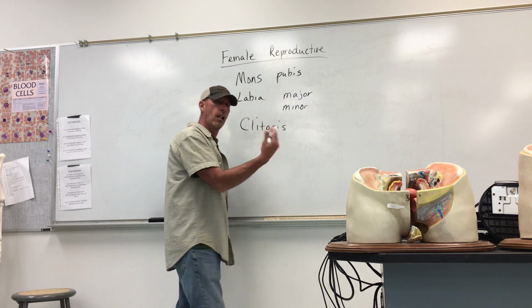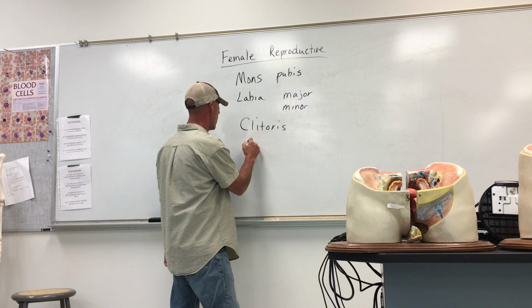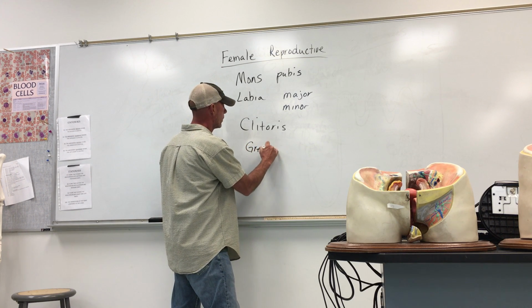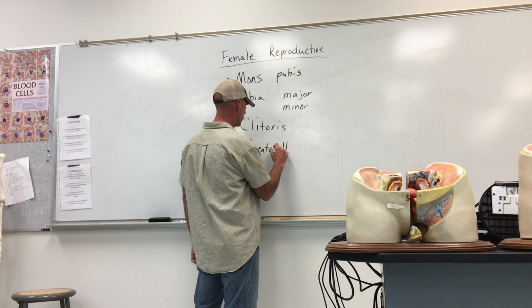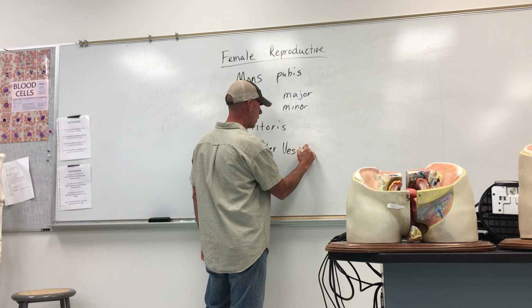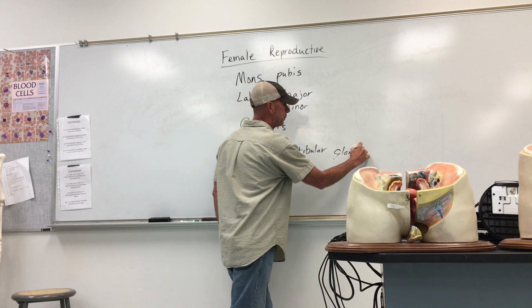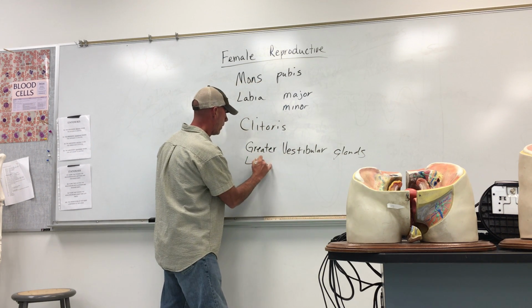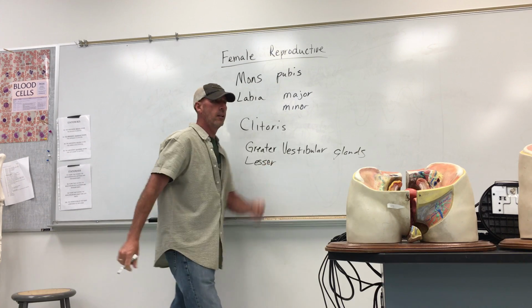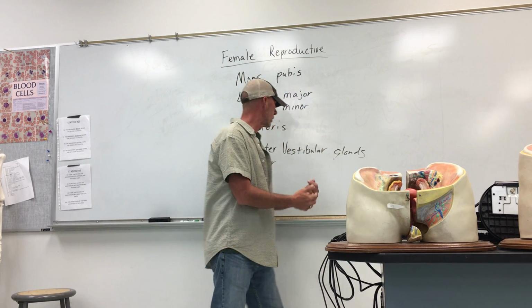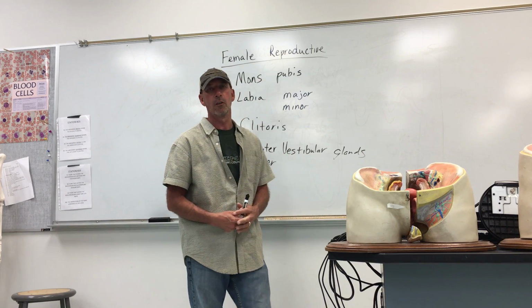So I mentioned the glands, so I'll go ahead and write those down. We have greater and lesser vestibular glands. These are deeper in the tissue; you'd actually have to remove the labia minora and a little more tissue to reveal these structures.